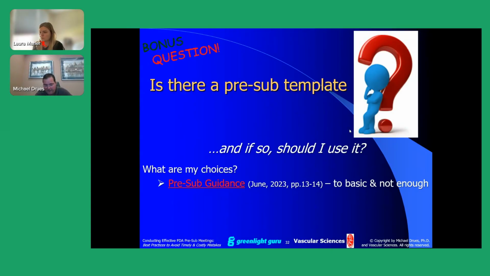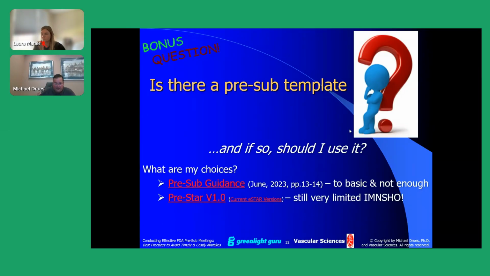It's very, very, very high level, very generic. So I would refer to that list of sections that I provided in one of the previous slides. There is within the eSTAR program now a pre-STAR specifically for pre-subs. I don't have time to talk about that in detail, but in my opinion, the pre-STAR is still very, very limited. I've used it a couple of times now, but I'm not a big fan.